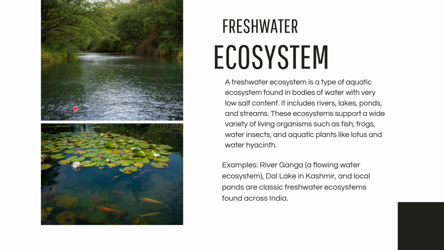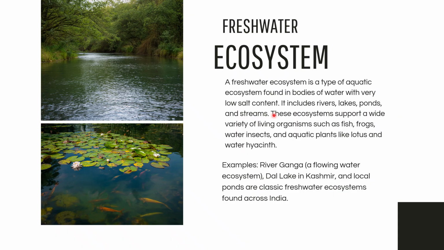Now, freshwater ecosystem is a type of aquatic ecosystem found in bodies of water with very low salt content. That's the reason why animals, or you can say fishes or birds, they basically survive in freshwater ecosystem because it's always flowing and has very low salt content, and it includes rivers, lakes, ponds, streams, springs, and it supports a variety of living organisms such as frogs, water insects, and aquatic plants like lotus, water hyacinth, lilies.